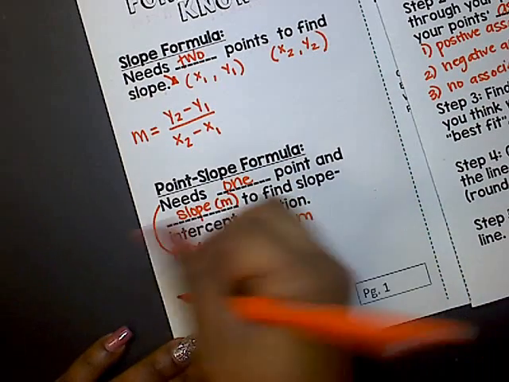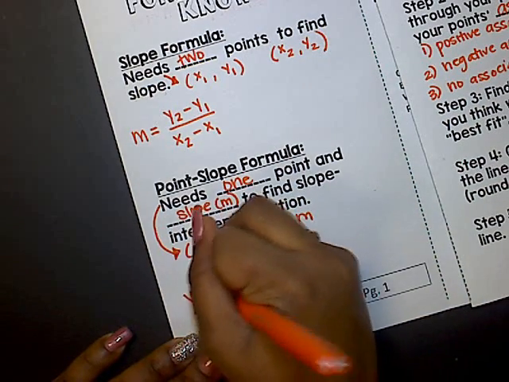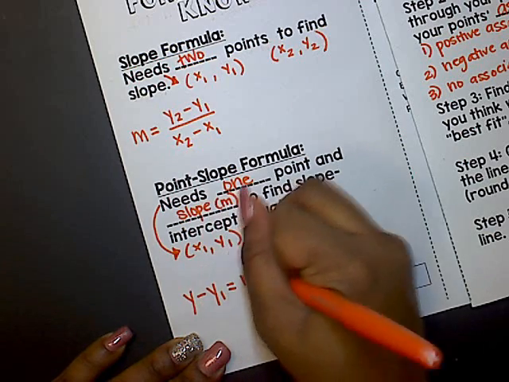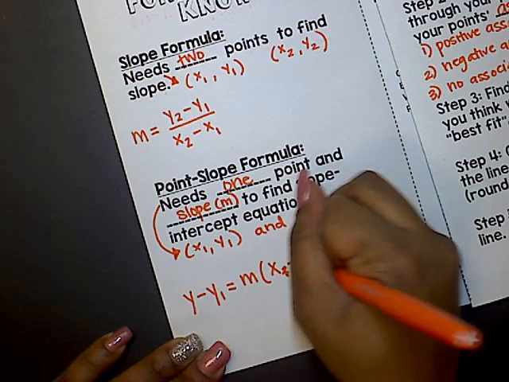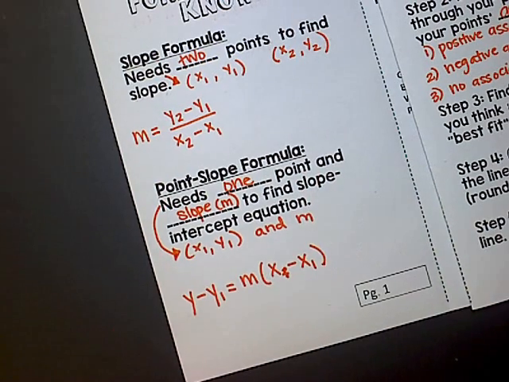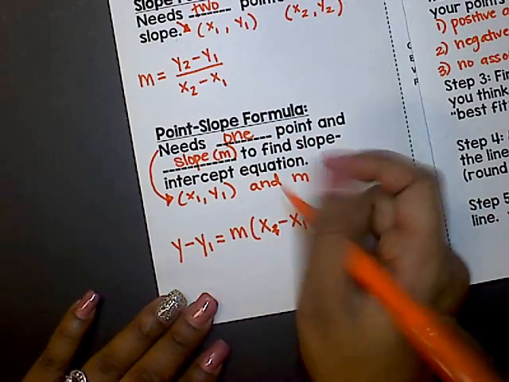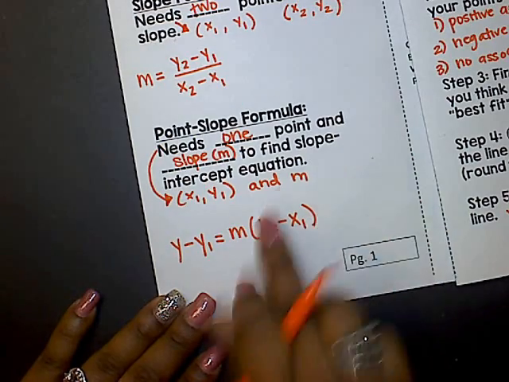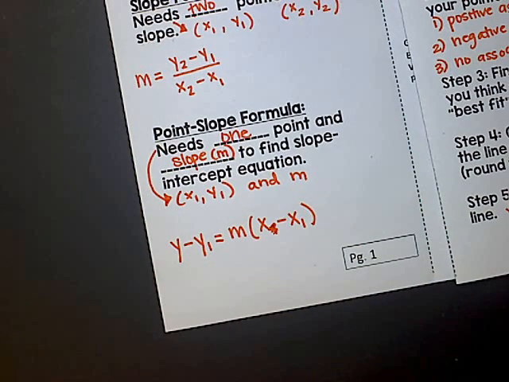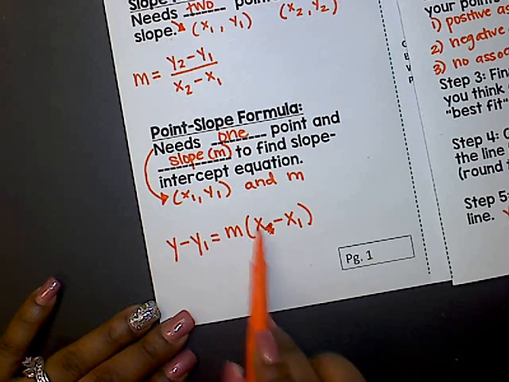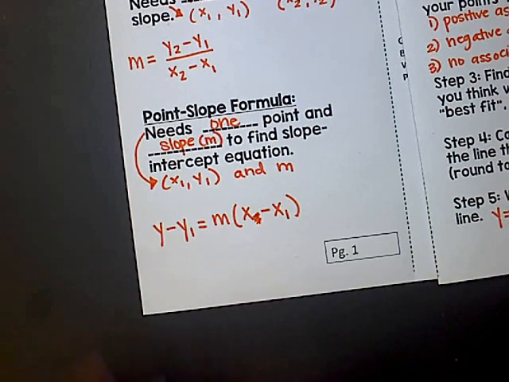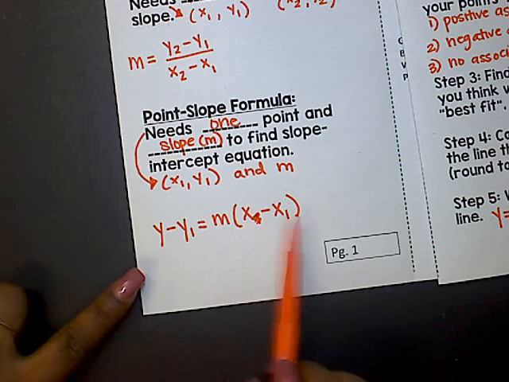The actual formula is going to be y minus y1 equals m parentheses x minus x1. Please make sure you write that correctly because it's so important. Y minus y1 equals m parentheses x minus x1. Just like how it's y minus y1, it's x minus x1.